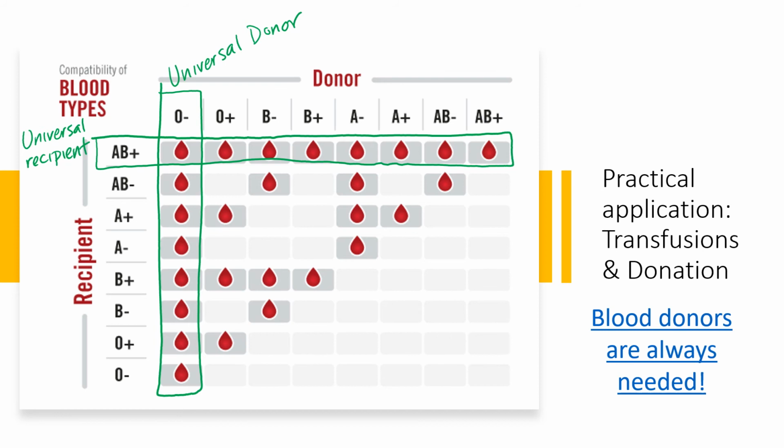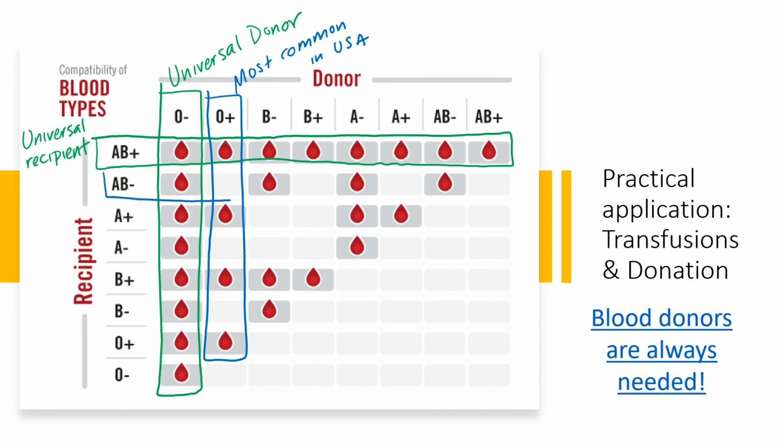Universality does not imply commonality, though. The most common blood type in the United States is O negative. And the least common is AB negative.